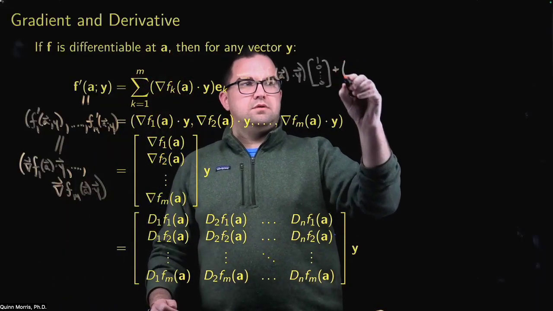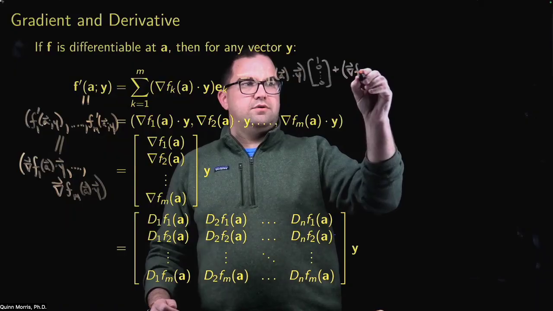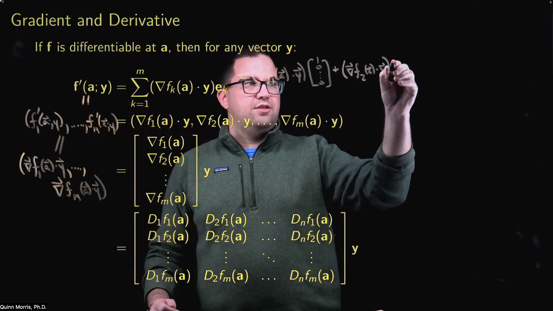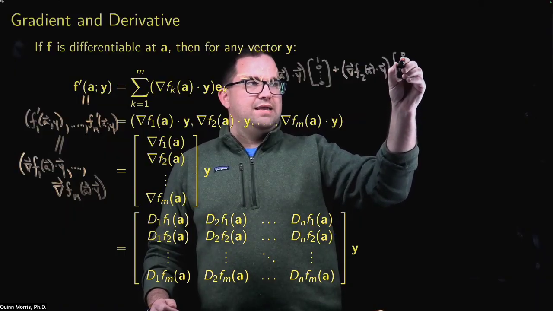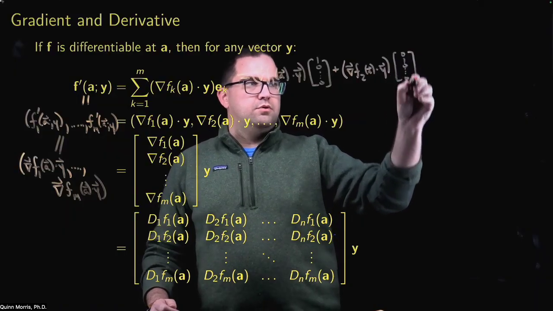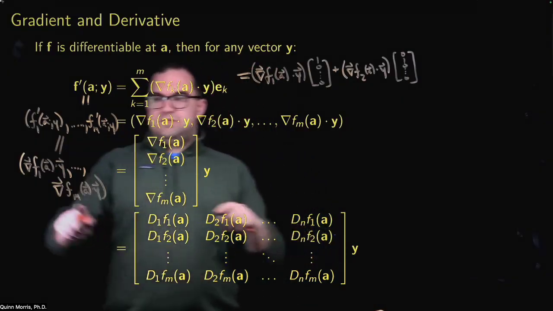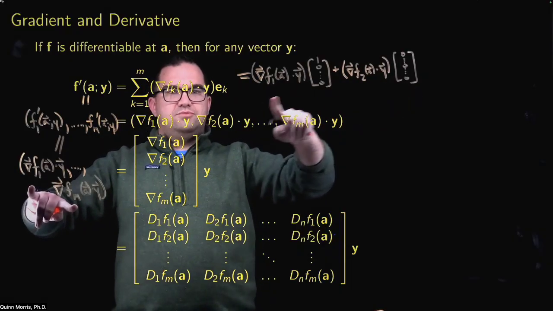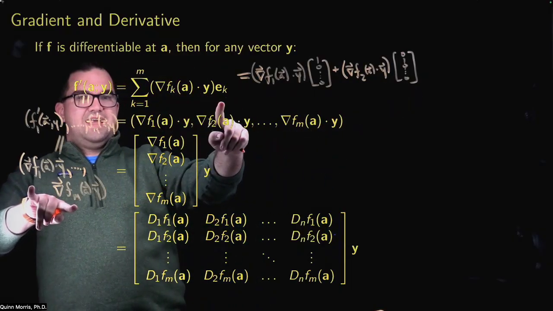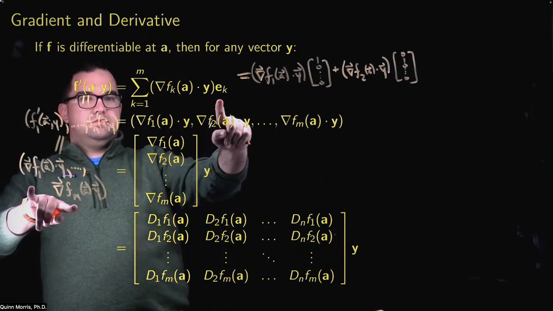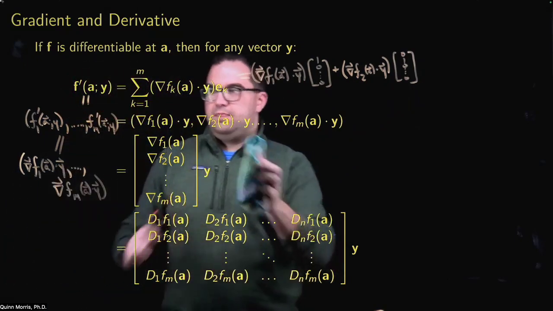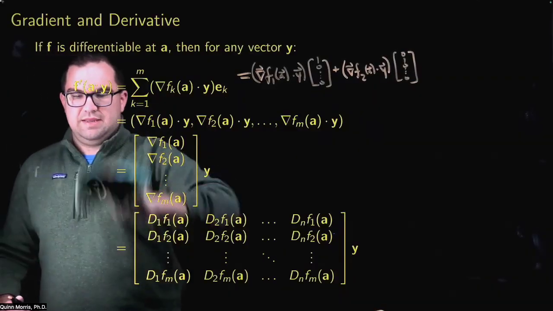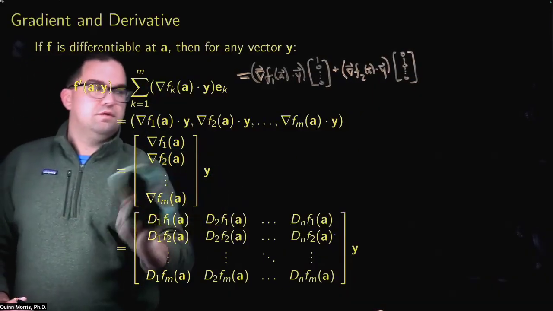Plus, now k is 2, the gradient of f2 at A dotted with y. Again, this is a scalar quantity, but I'm going to multiply it by E2, which is this vector. So notice that what I'm really doing is exactly the same thing I did here. I'm just decomposing this into the standard basis. So this first step really is something we've already done. It's just expressing it in a slightly different way.